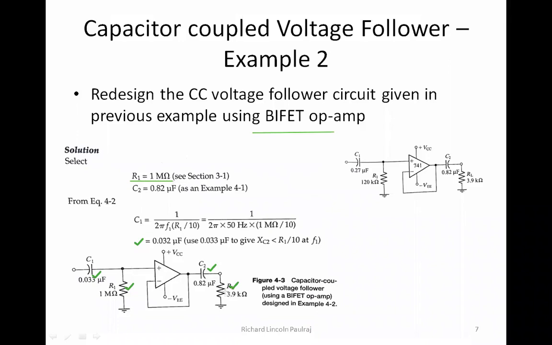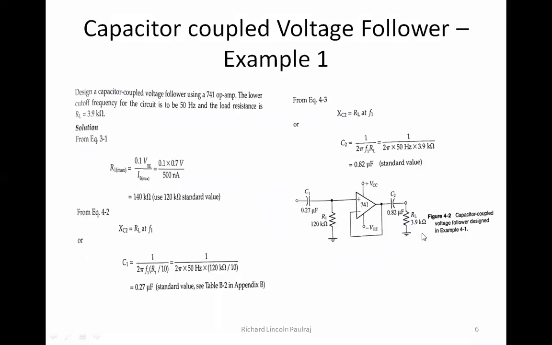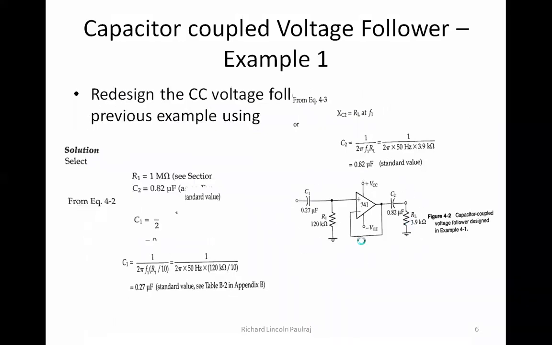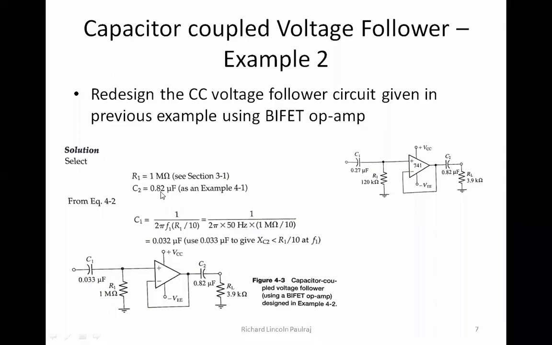The remaining is going to be C1, and you should assume R1 to be 1 mega. In that way you can solve your problem. Any doubts here, students? This is the previous circuit, the last one which we drew here, which I have brought in so that we can use the previously calculated values. Any doubts with this example too?